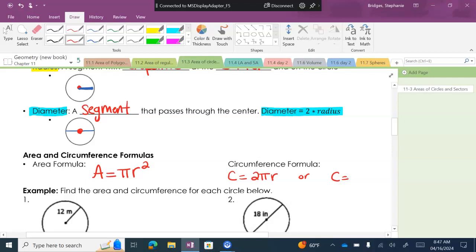And if you're given the diameter, your circumference is just pi times diameter. You choose which formula to use based on whether you're given the radius or the diameter.